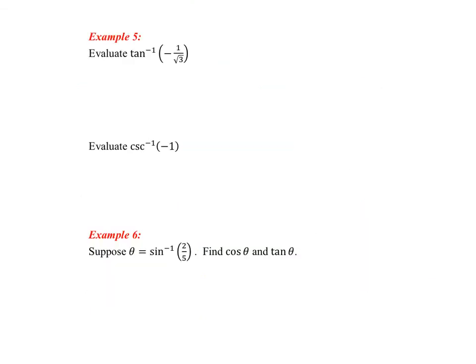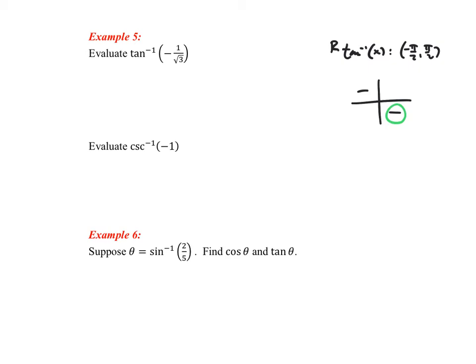Okay, let's work with another inverse tangent question. Again, the range of inverse tangent is from negative pi over 2 to pi over 2. And tangent is negative in quadrants 2 and 4. So we're going to be working in quadrant 4 here.